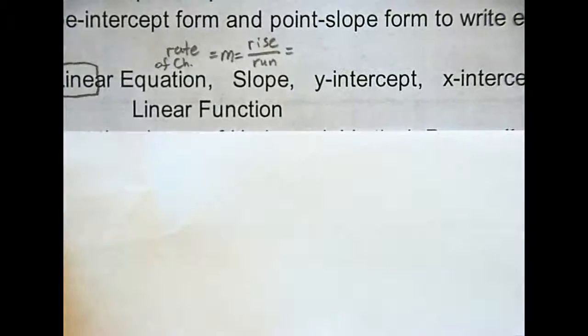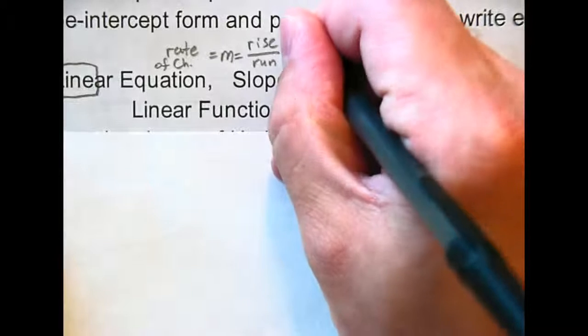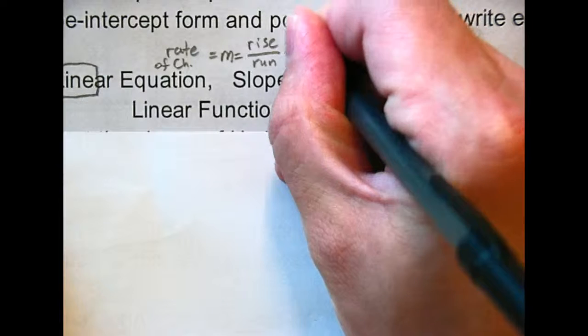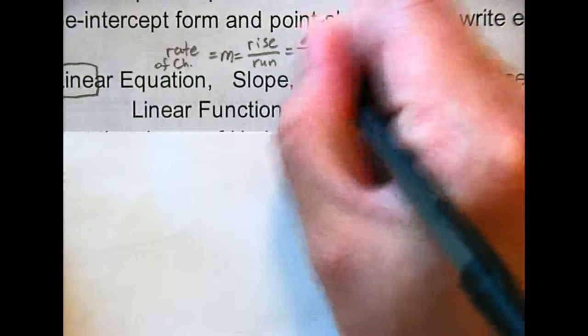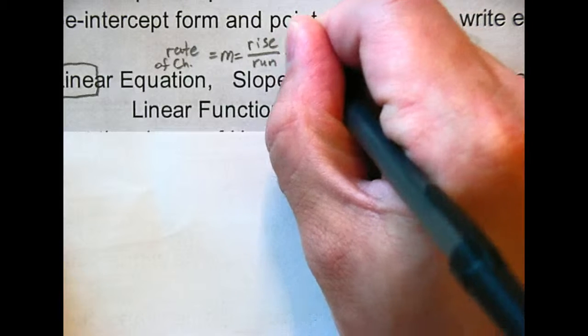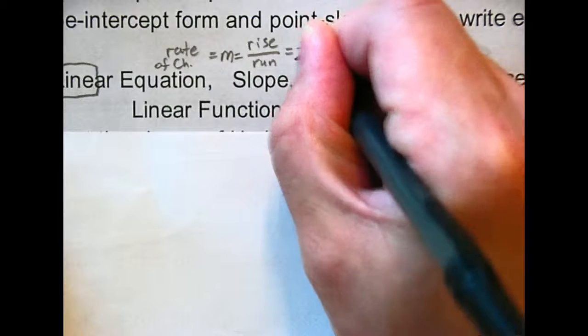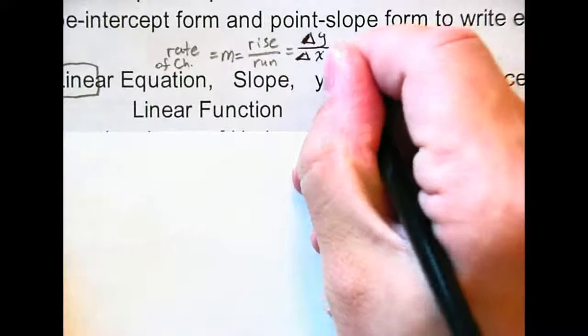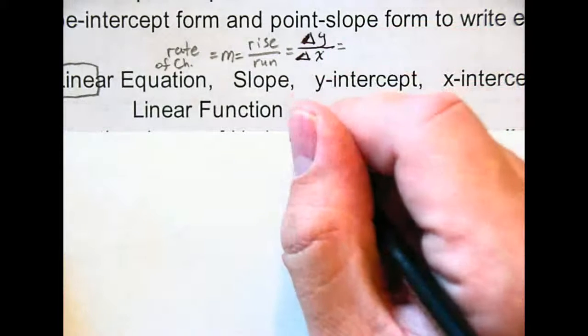Rise over run is the same thing as change in y, or delta y. Delta is this triangle: delta y over delta x, change in y over change in x. And there's actually a formula we use for change in y over change in x. Anyone know what that is?